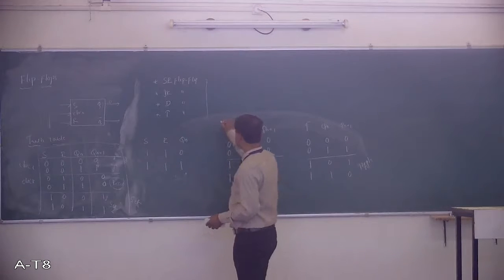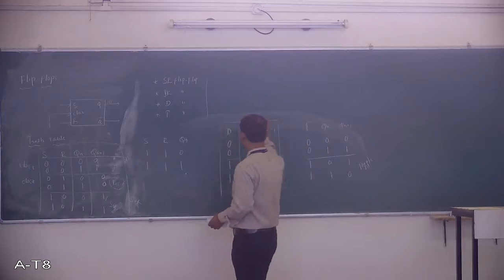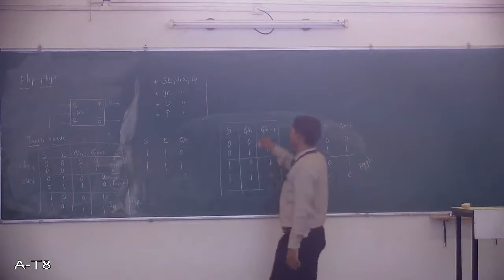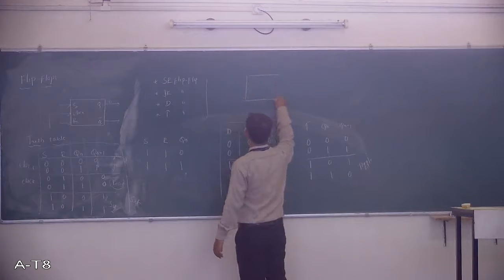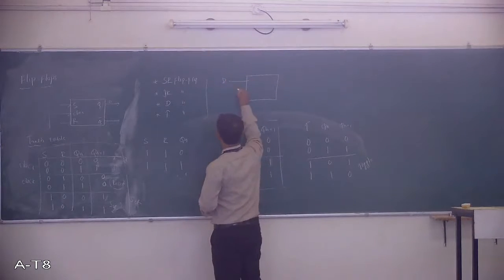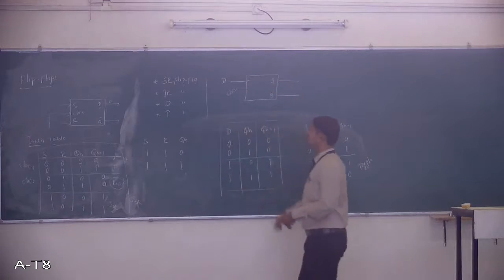This is the truth table of D flip-flop. D flip-flop looks like this. You have one input D, one input is clock, one output is Q, another output is Q bar.